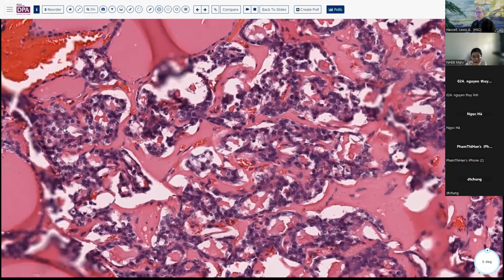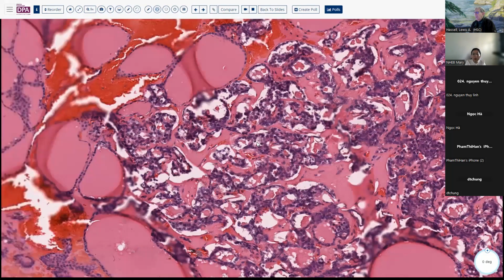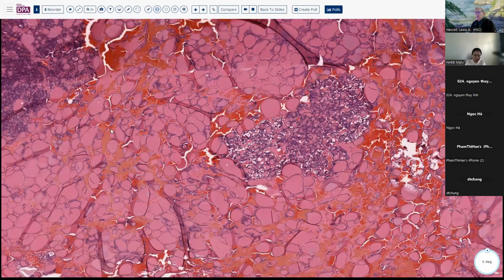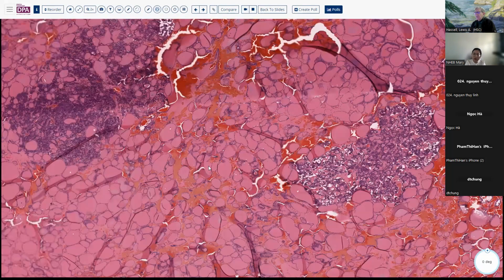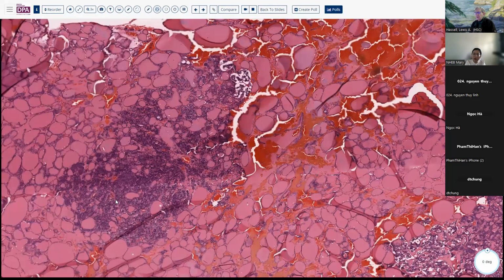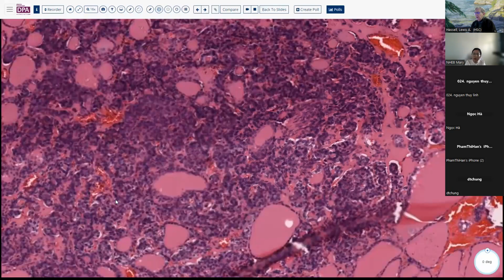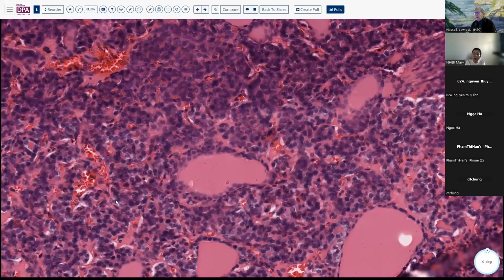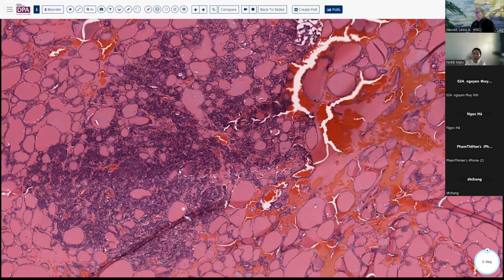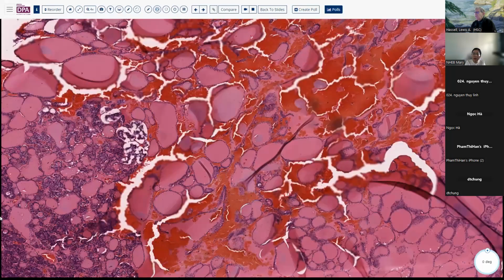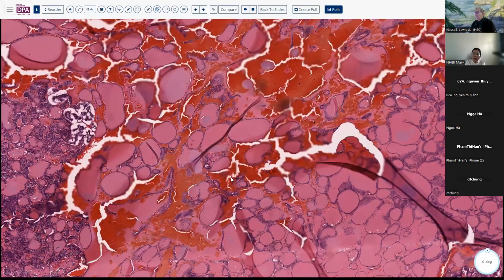So here we see a few small nucleoli, enlargement, some overlapping of the nuclei, but we have a totally follicular structure, a little bit of solid growth here, but again, just mild nuclear atypia of the sort that we would see with and associate with papillary carcinoma.